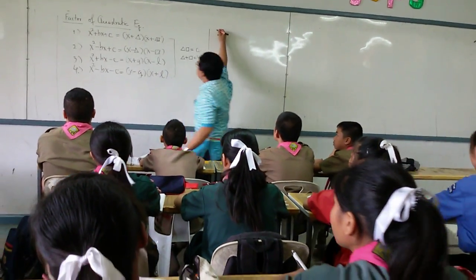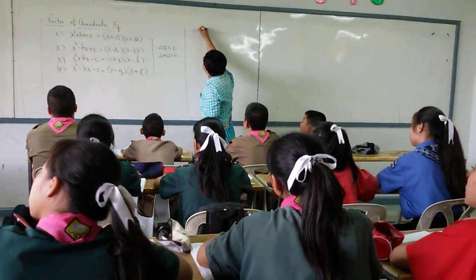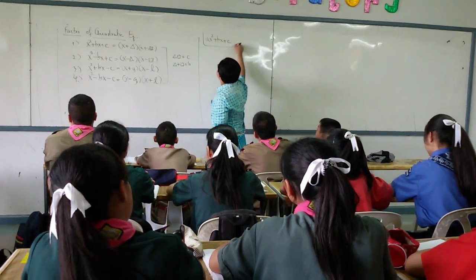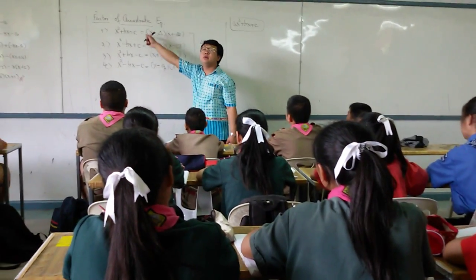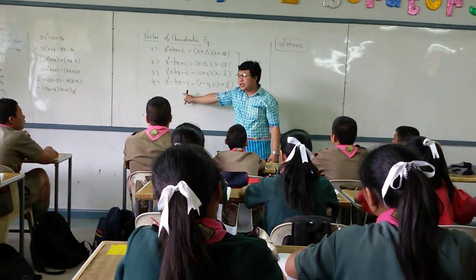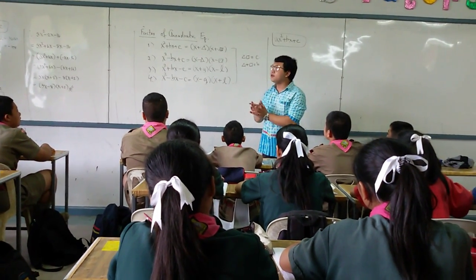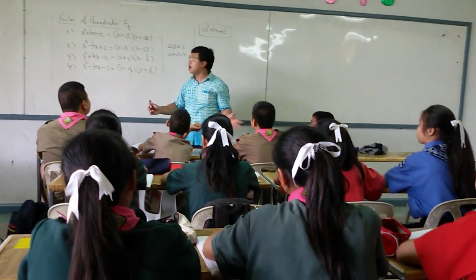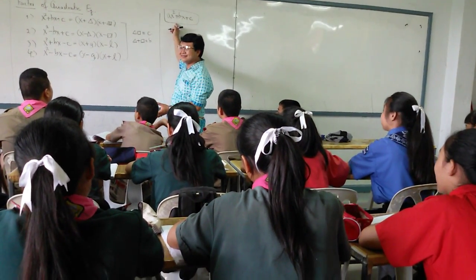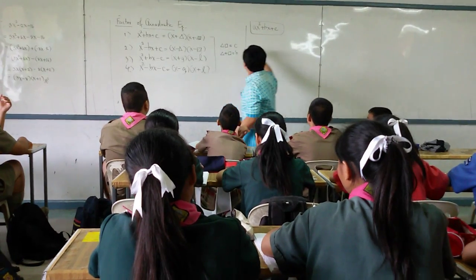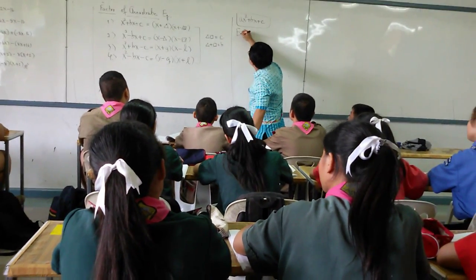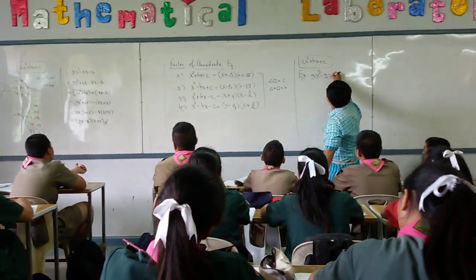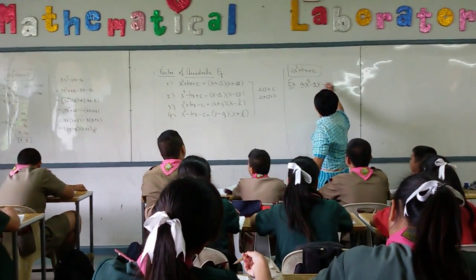We have to study the form ax squared plus bx plus c, that is harder than the other forms. May I give you an example of this form? Do you want one? Yes. Okay, today I give you the example 3x squared minus 2x minus 16.